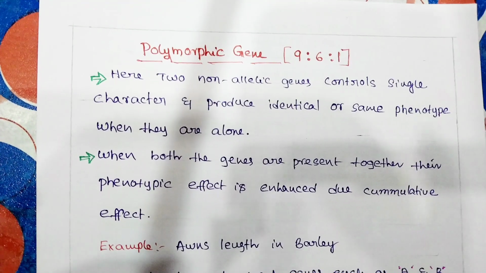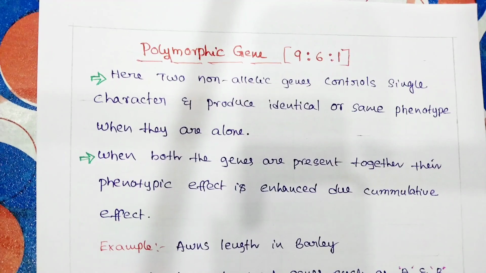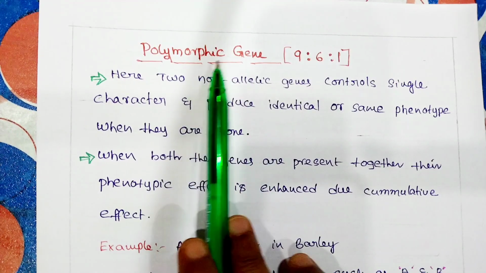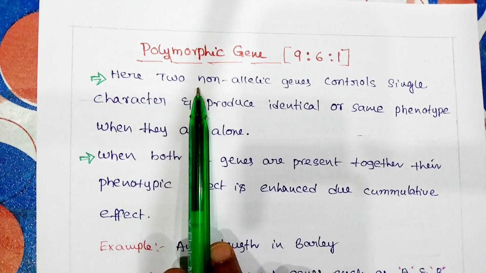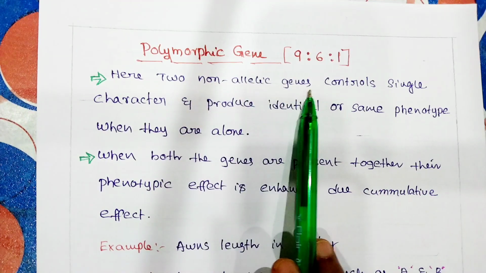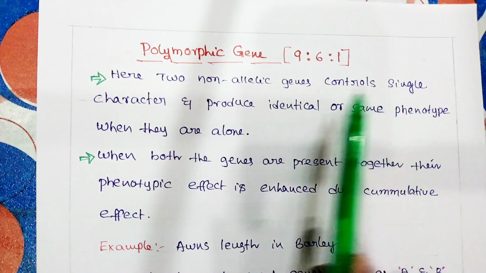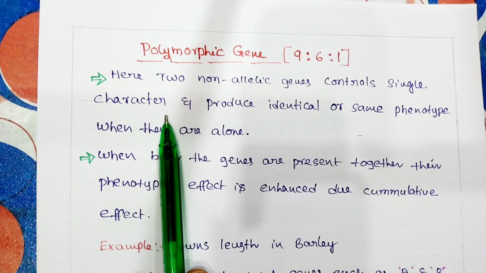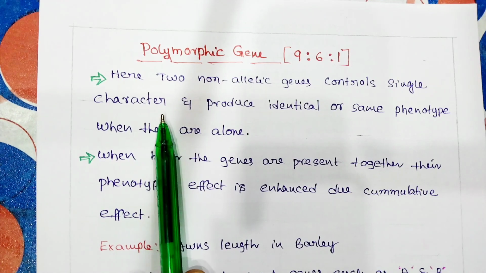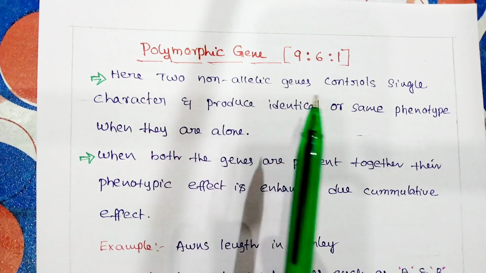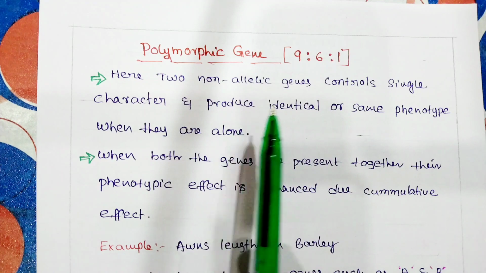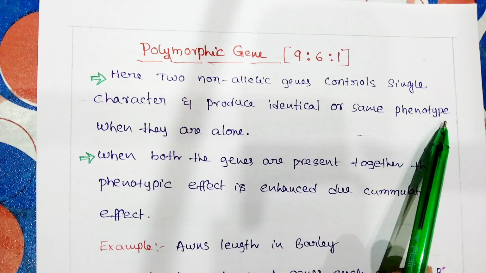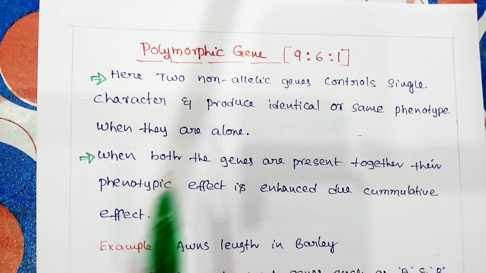Let's see the third one, that is polymorphic gene. Here two non-allelic genes control a single character. That means a single character is controlled by two non-allelic genes. They produce the identical or same phenotype when they are alone.